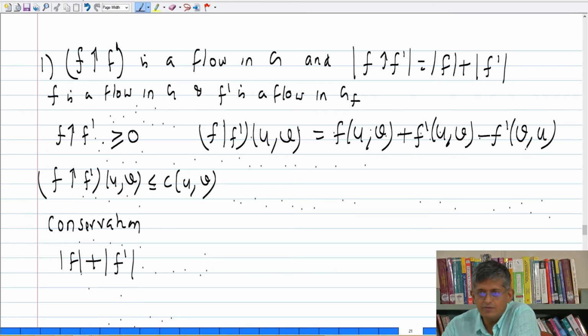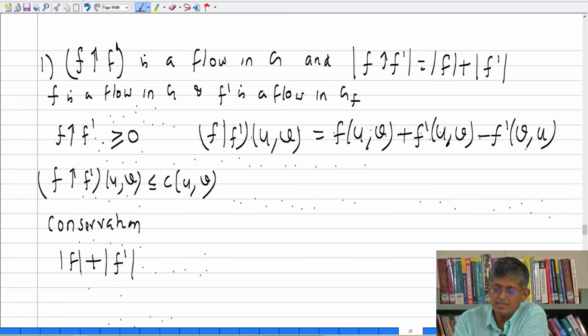You need to remember that f is a flow in G, f prime is a flow in G_f, the residual network of f. Why should this formula be non-negative? Exactly.